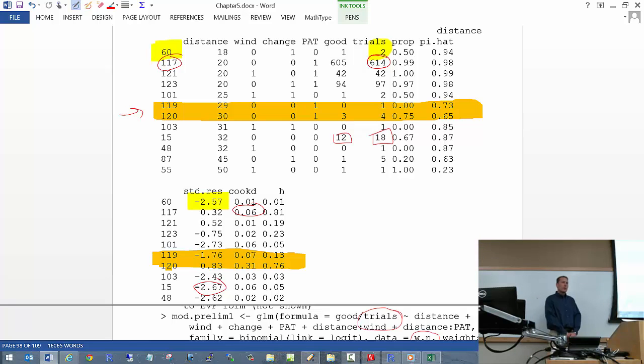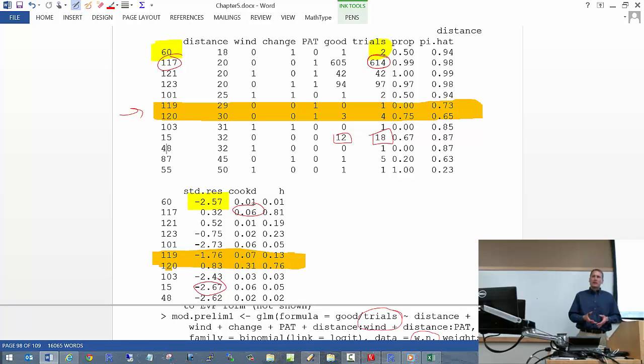And typically in football, PATs are 20 yards. And we see, especially for number 120, the Cook's distance value of 0.31 was quite large relative to the other observations. For 119, it was kind of large too.